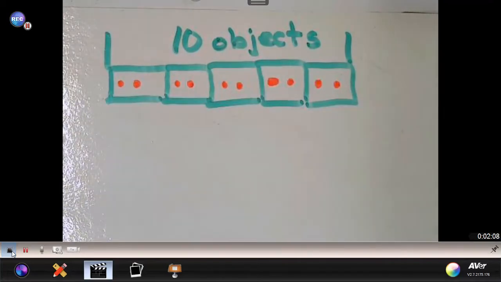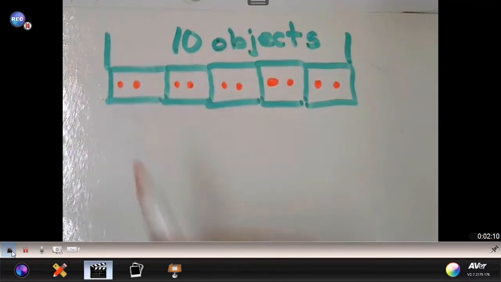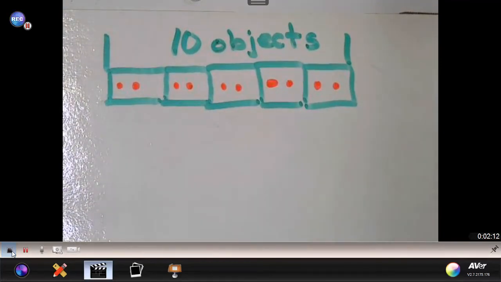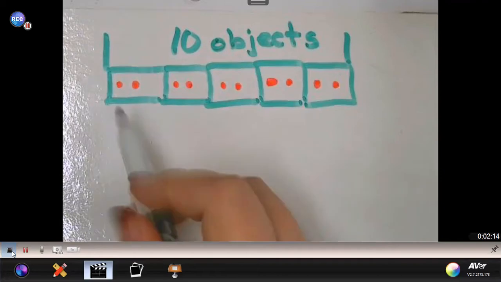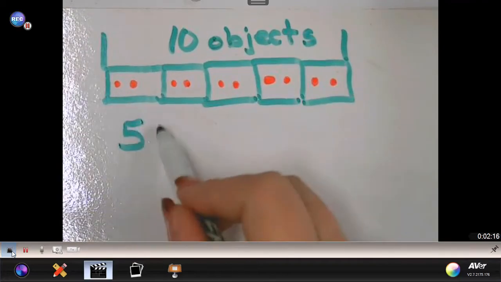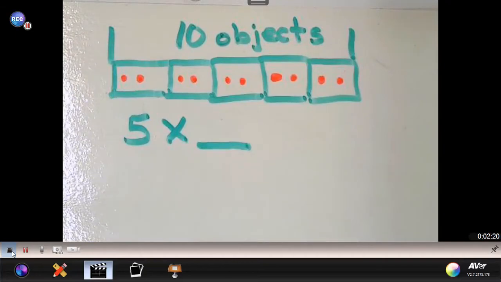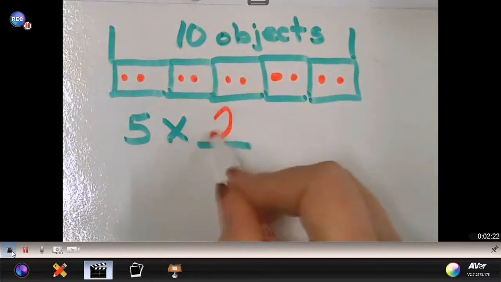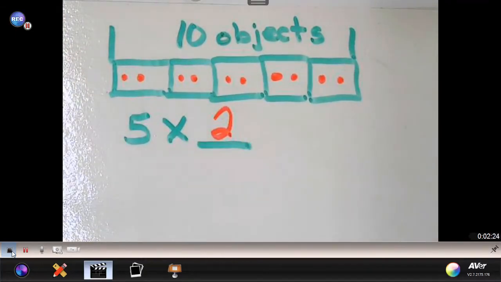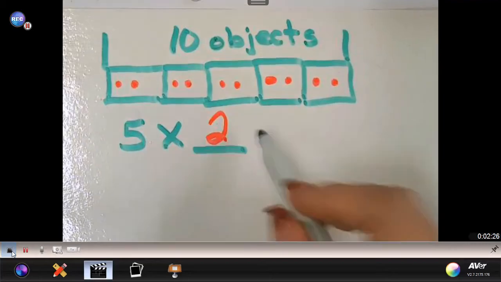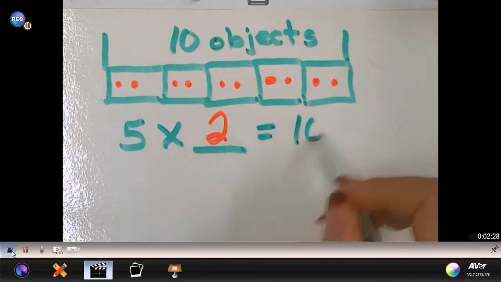And I can say that I started off with my 5 groups, and now I know that I have 2 objects in each group, and my total objects is going to be 10.